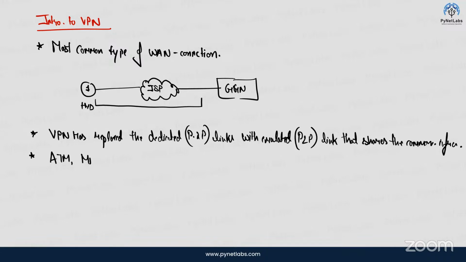We have MPLS, which works in the ISP core. We have GRE tunnels and DMVPN. These DMVPN and GRE tunnels can be configured with IPsec as well, for better security. Then we have remote VPNs. So that's one thing about the VPN.